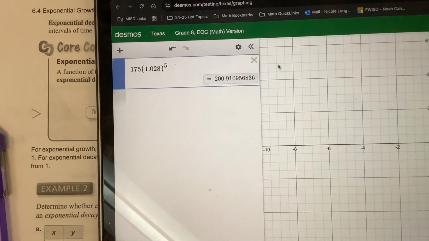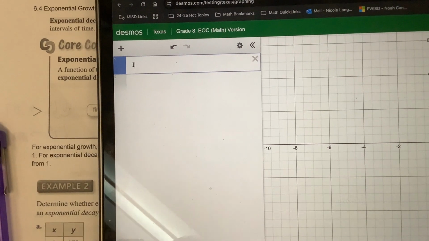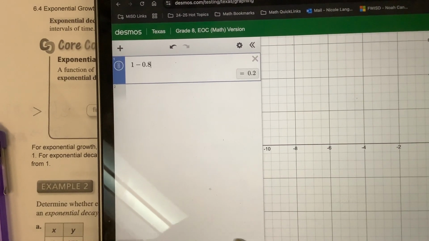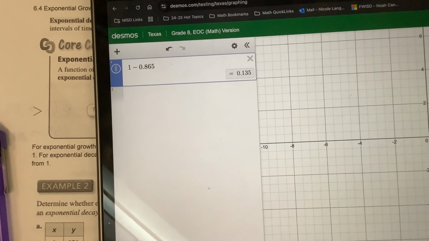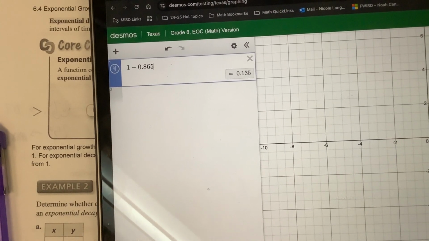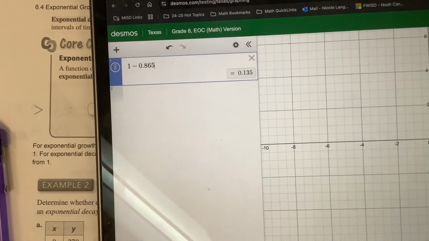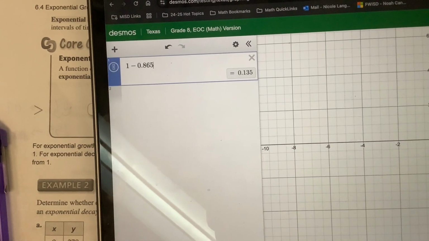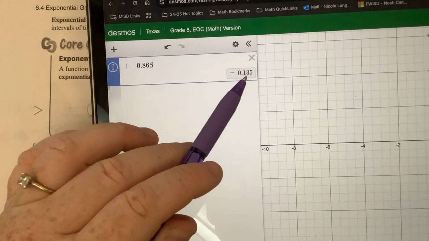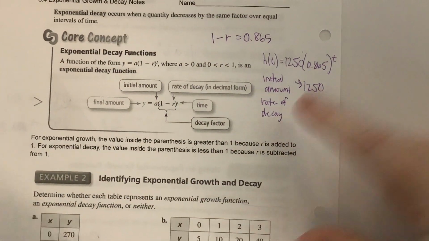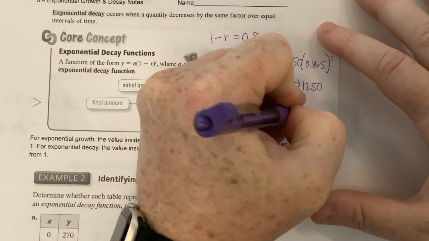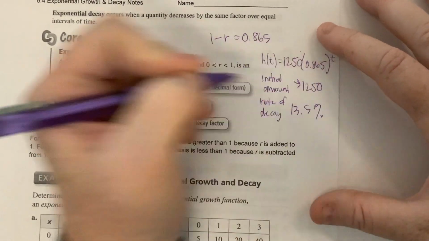So if I'm on my calculator, and then I would take 1 minus 0.865, and that leaves me with 0.135. So 0.135 is the rate as a decimal. We would need to change it to a percent. So again, move the decimal spot 2 times this way, which means it would be 13.5%. So my rate of decay is decreasing by 13.5%.